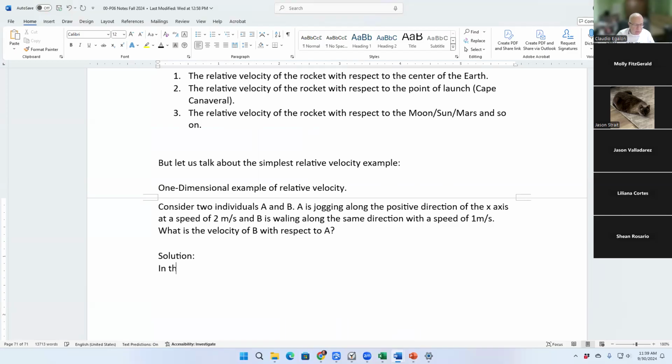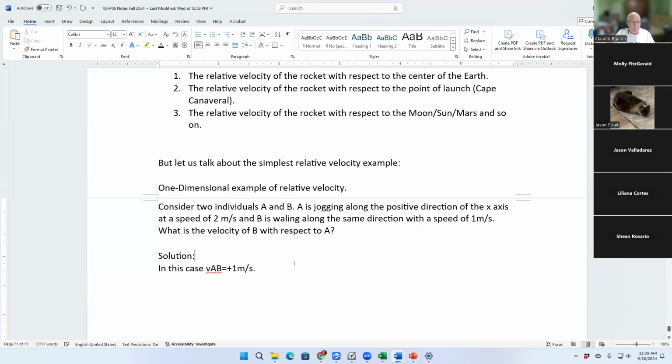In this case, let me finish this example, right? In this case, velocity of A with respect to B is going to be 1 meter per second, and it's going to be in a positive direction because A is moving away from B.